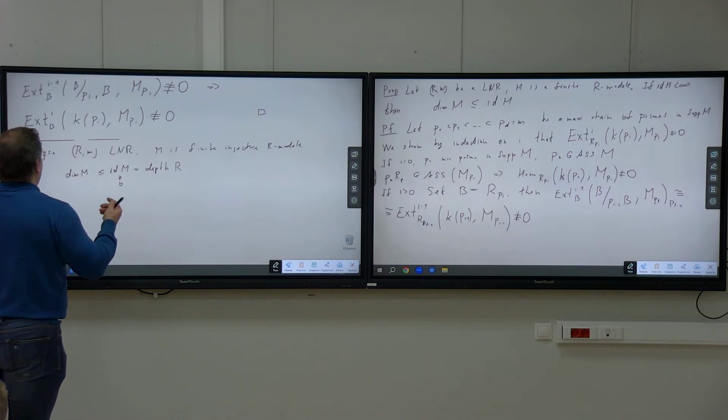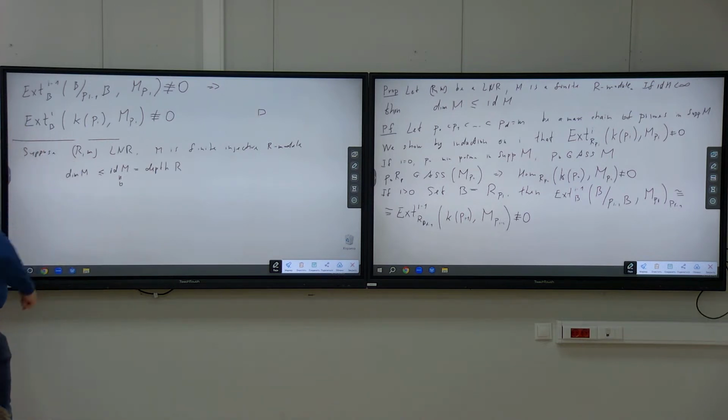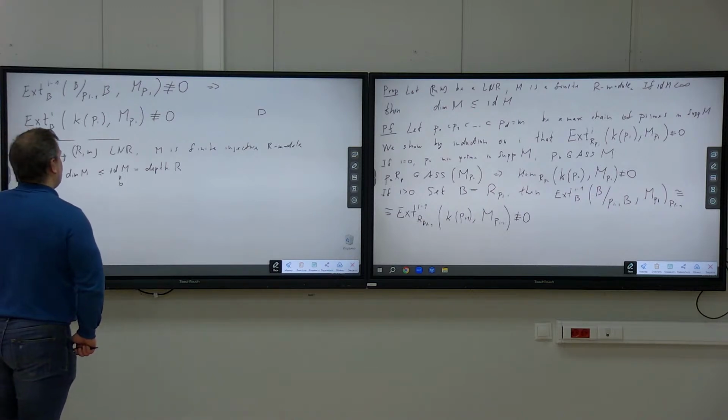Okay, let me say I want to show that this R is actually Artinian. So not just the depth of R is equal to 0, but the dimension of R is also equal to 0. Well, I'm going to derive this from the Bass formula and this inequality.